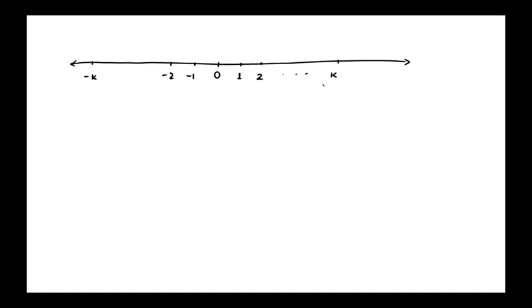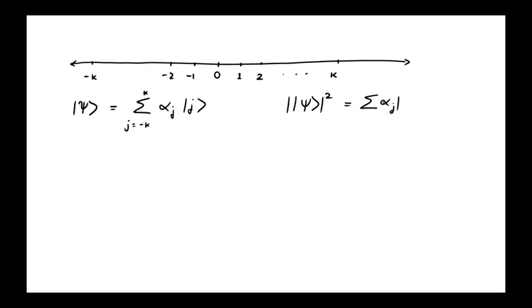This we of course know how to write. We would say that the state of this particle is given by a superposition, sum of alpha sub j, where j goes from -k to +k. So it's on one of these 2k plus 1 points. And of course there's this normalization condition that this is a unit vector, which means that the summation of the magnitude of alpha j squared is 1.